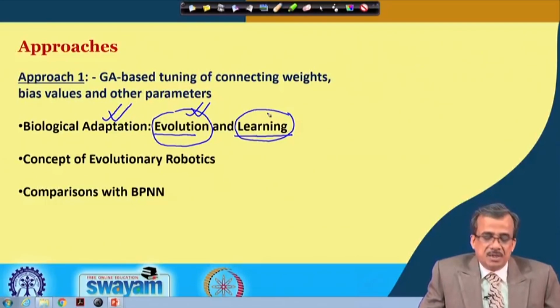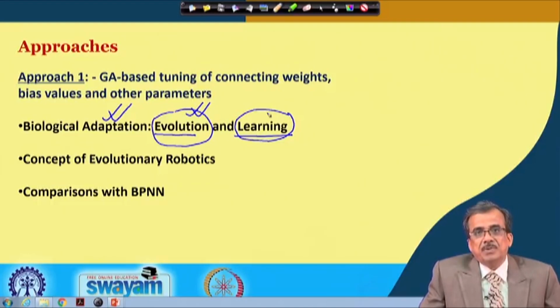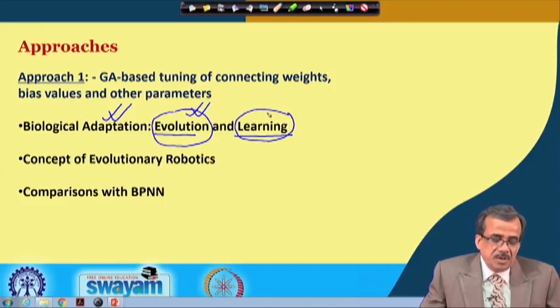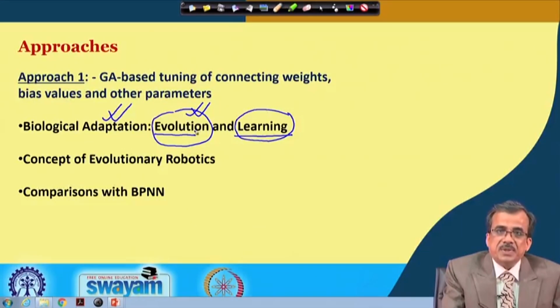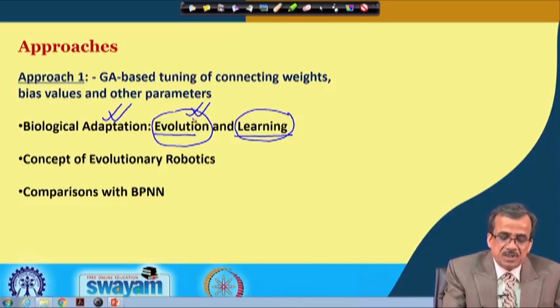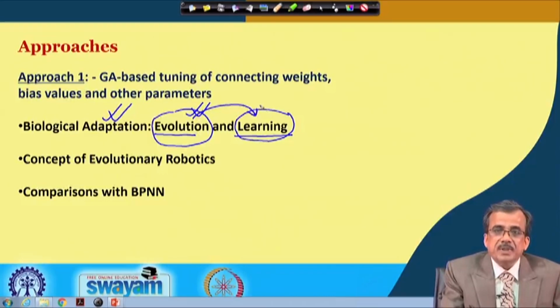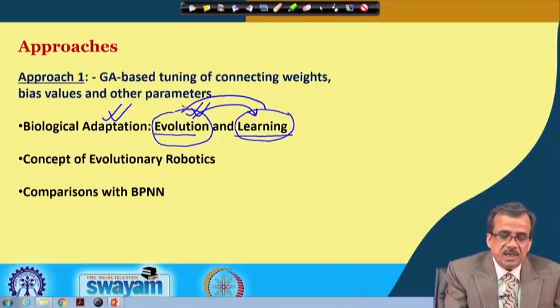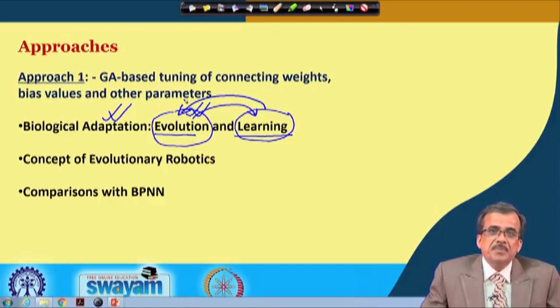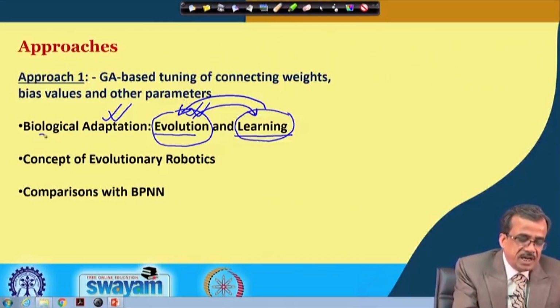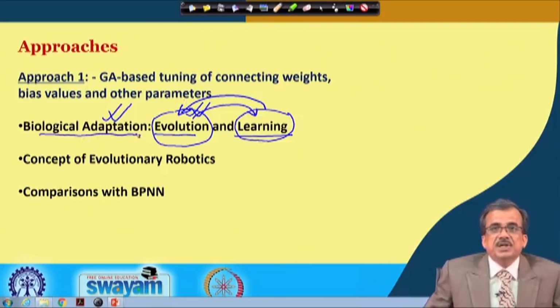And in the nature-inspired optimization tools, we use the principle of evolution. So, evolution is going to help learning, and learning is also going to help evolution. They help each other, and through this mutual help there is a chance that the rate of biological adaptation is going to increase.